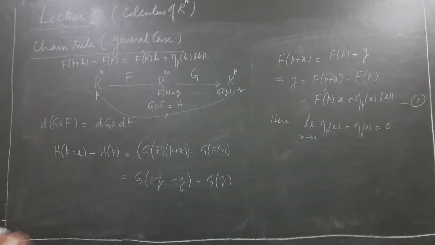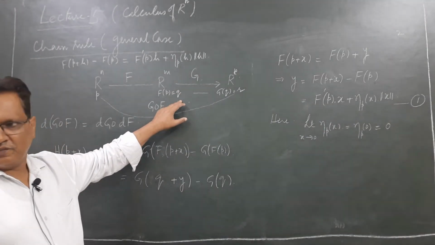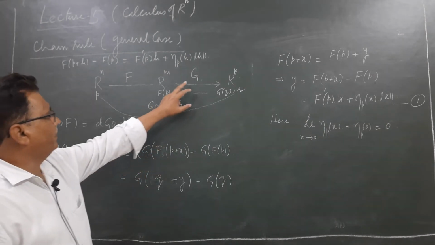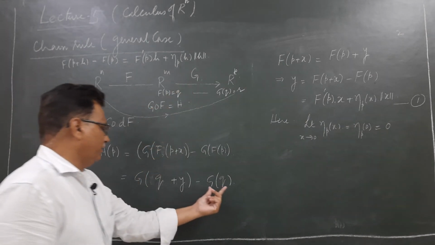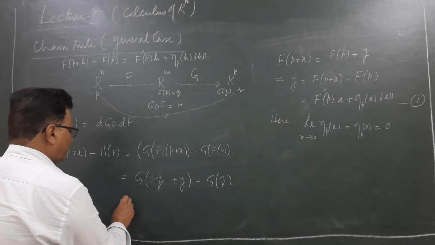Again you have assumed that g is differentiable at the point q. So by definition g of q plus y minus g of q must be equal to what?